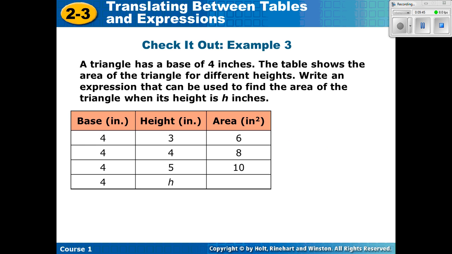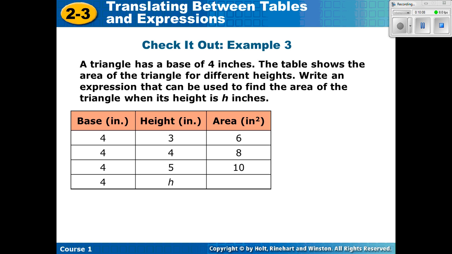Now pause the video and try to work this one out on your own. I'll read the question. A triangle has a base of 4 inches. The table shows the area of the triangle for different heights. Write an expression that can be used to find the area of the triangle when its height is h inches.